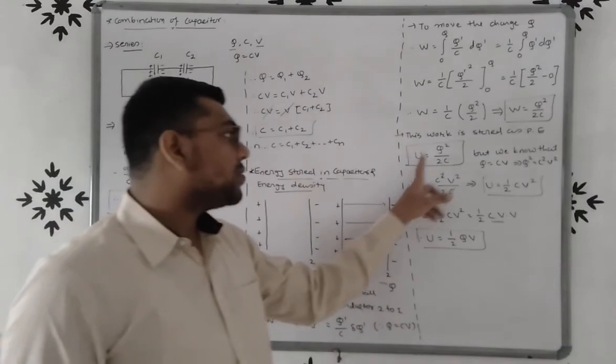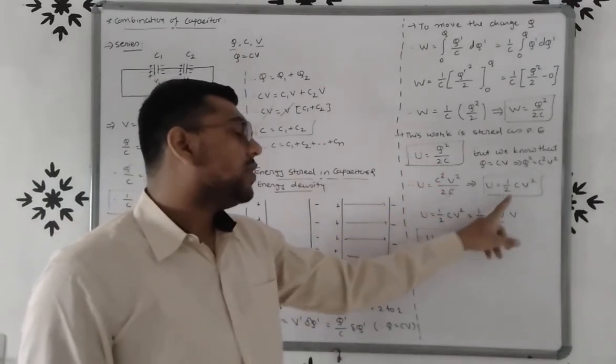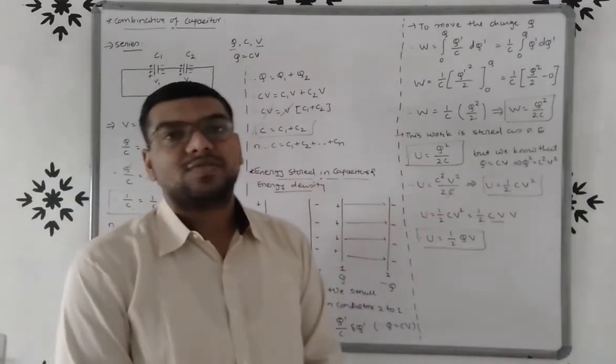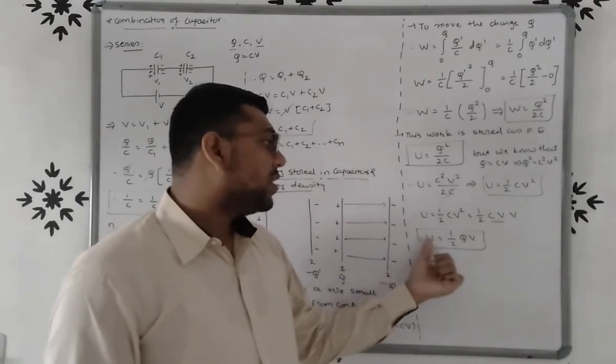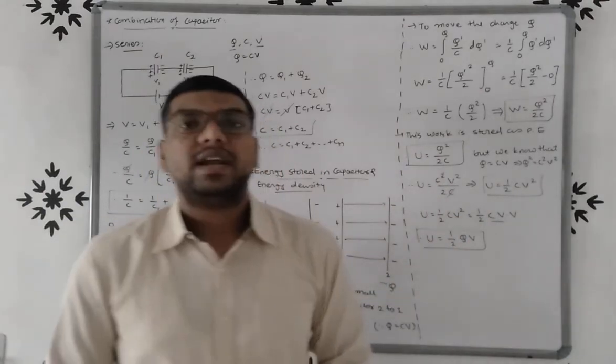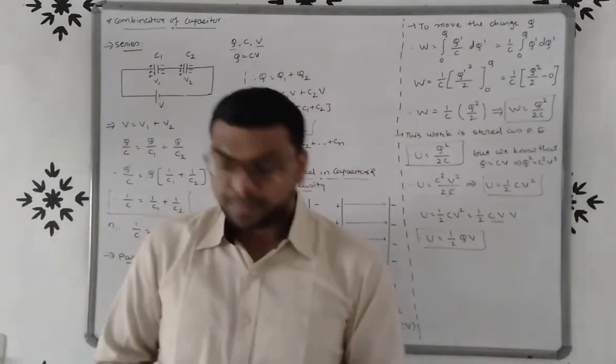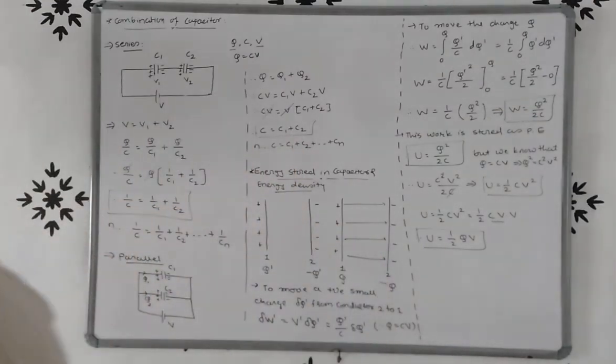First one Q square by 2C, second one 1 by 2 CV square, and third one 1 by 2 QV, right? So once again, the question will be like this: derive the formula of energy stored in a capacitor.